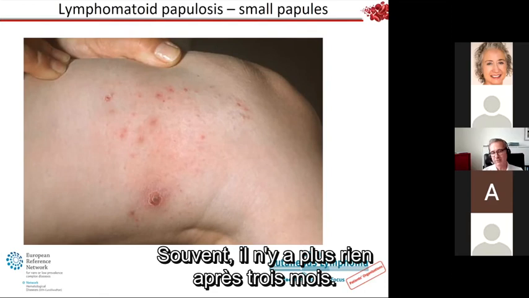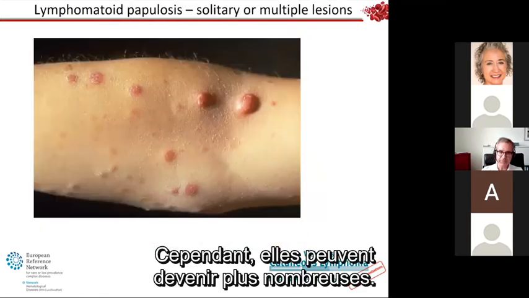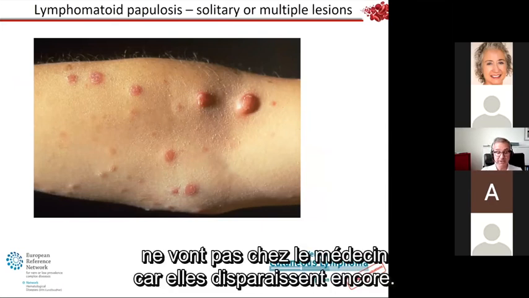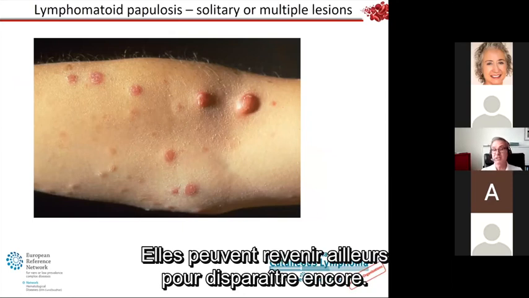Often after 3 months, everything is gone. They may, however, become more numerous. If you only have one lesion, many patients with LYP may not even go to the doctor because it disappears again. It may come back eventually at another site, but it disappears again.